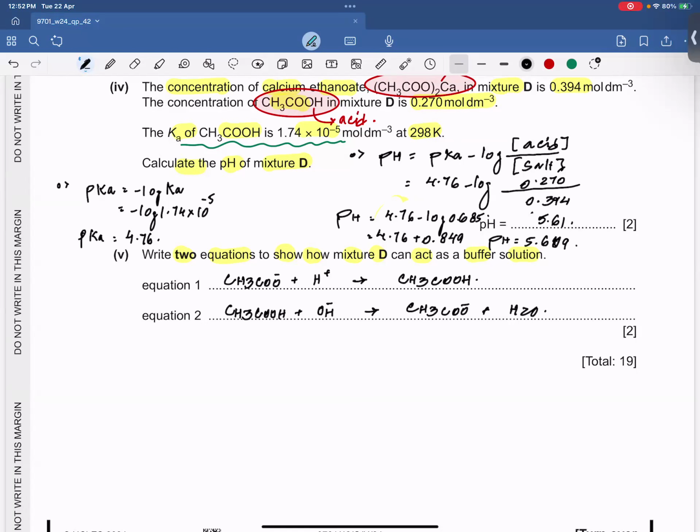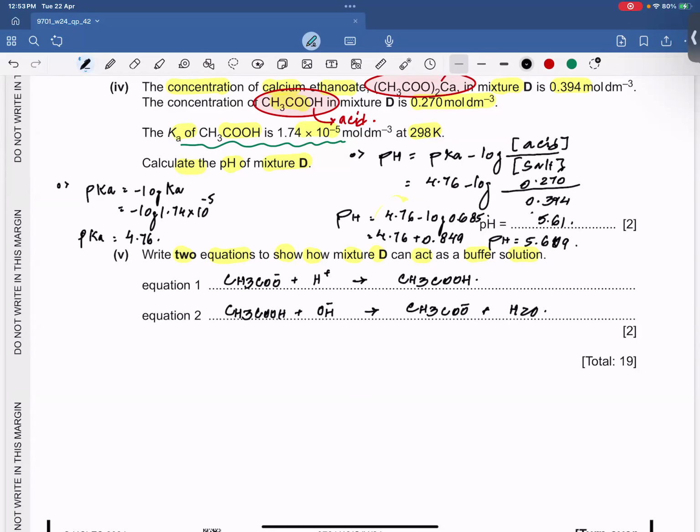I don't know, I'm getting different answers. Something happened with my calculator, I think so. Every time I'm getting a different calculation because something happened with my calculator.